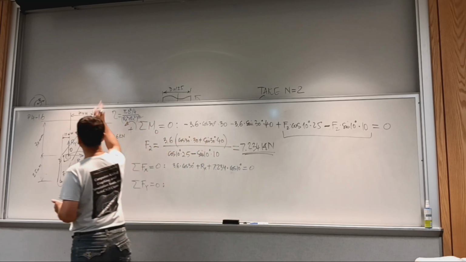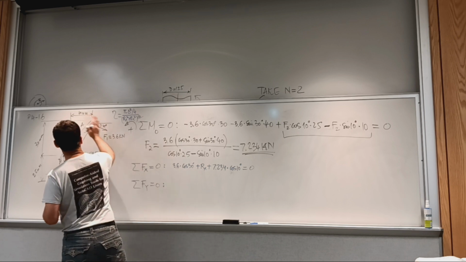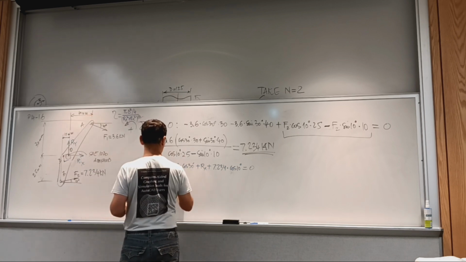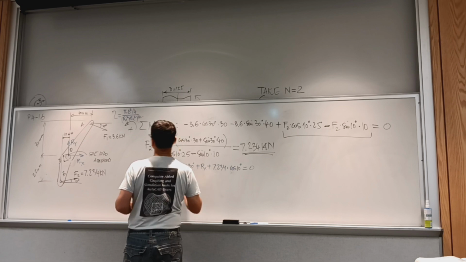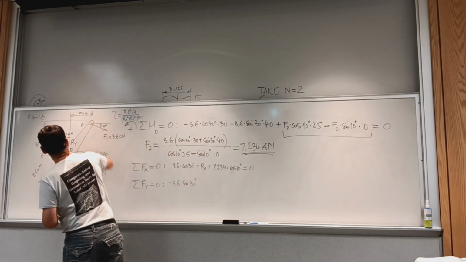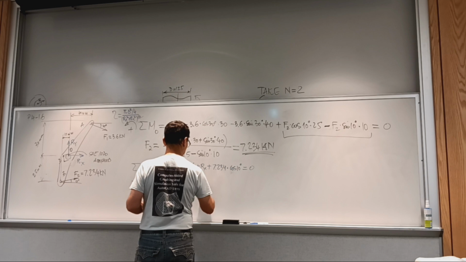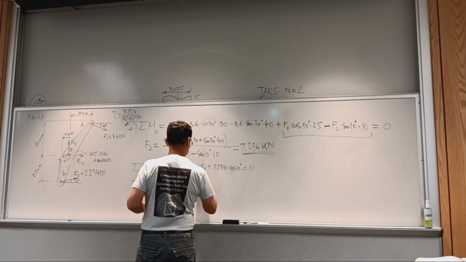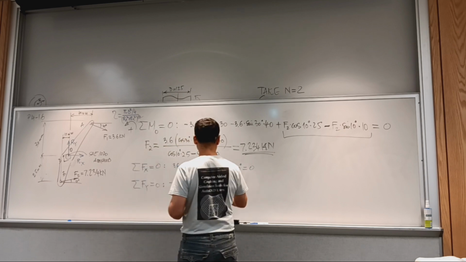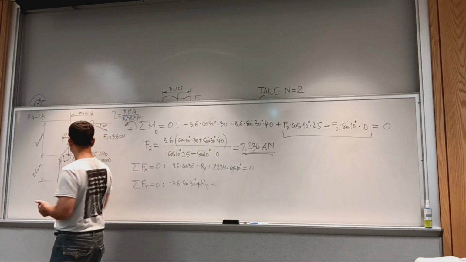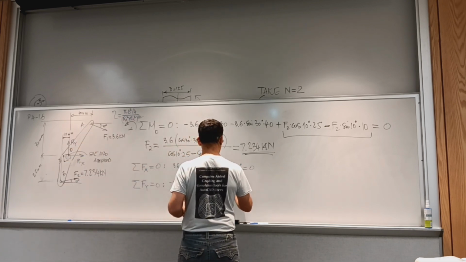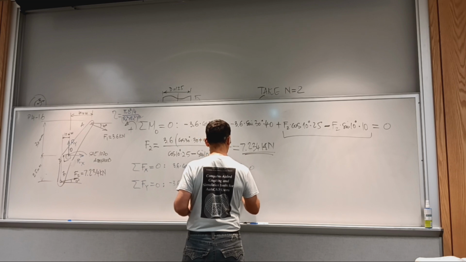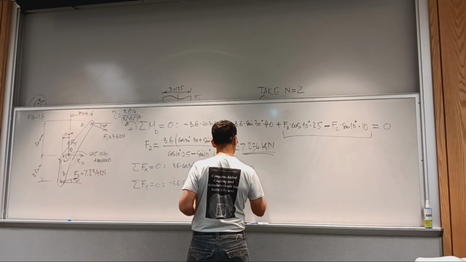And in the vertical direction, again starting from top to bottom, will be negative 3.6 sine of 30 degrees, and then positive Ry, because it's up, 7.234 times sine of 10 degrees equals 0.